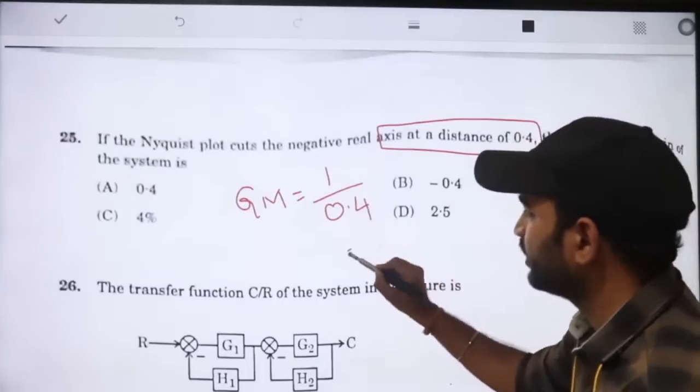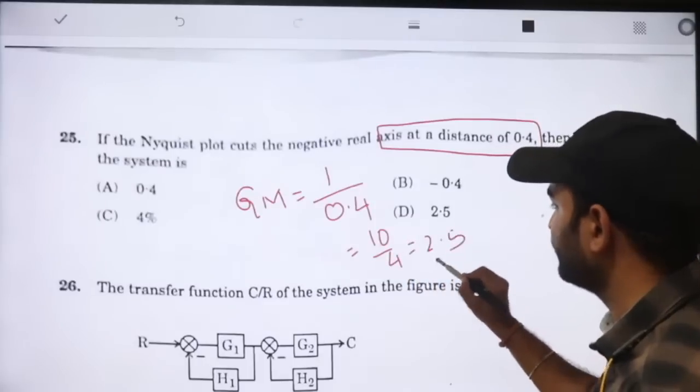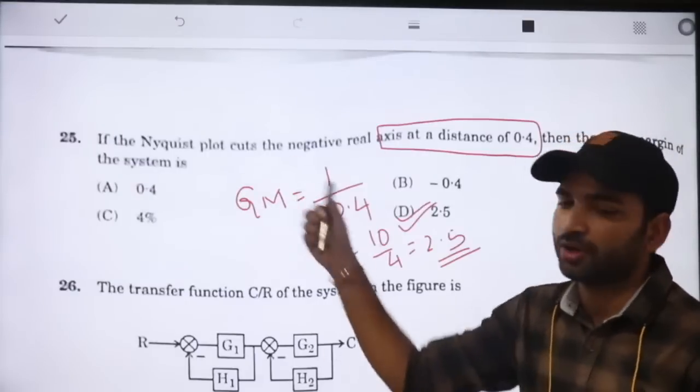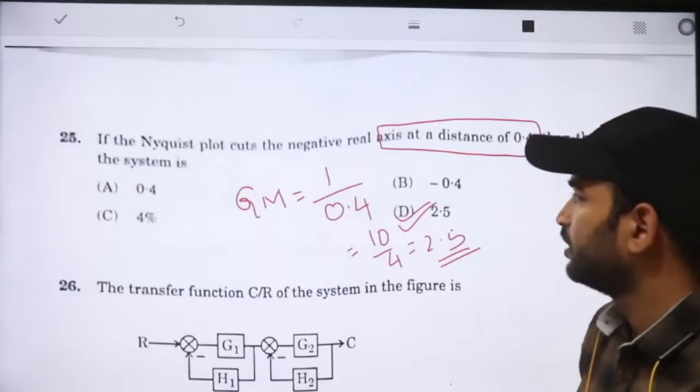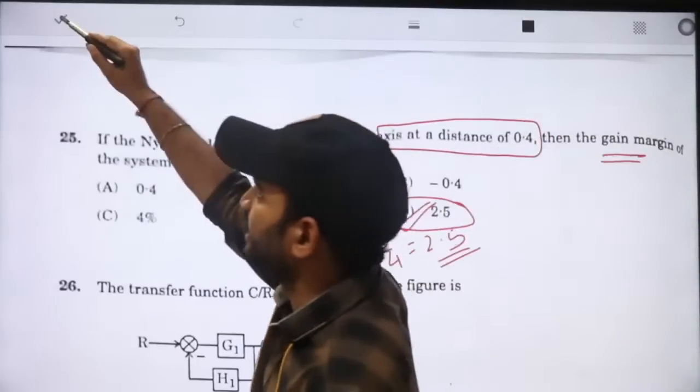You will get 10 divided by 4, which is 2.5. So the gain margin of the system is 2.5. So the answer will be D for the 25th question.